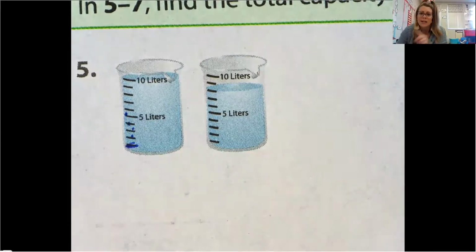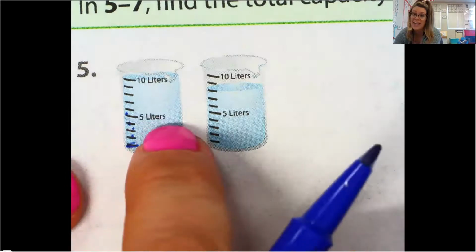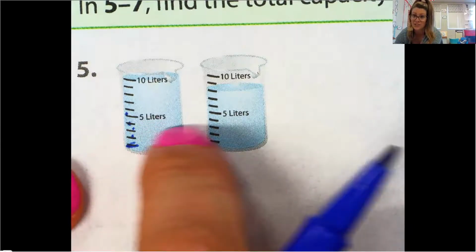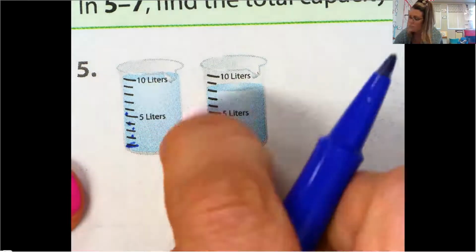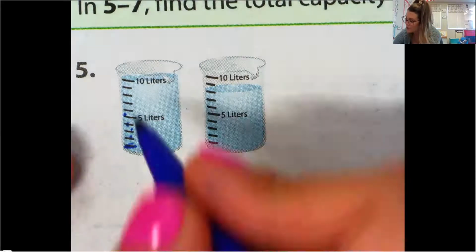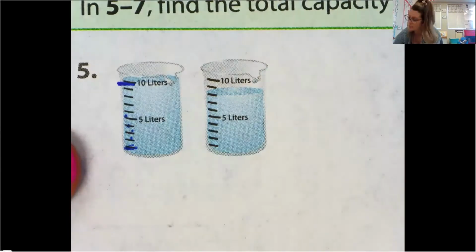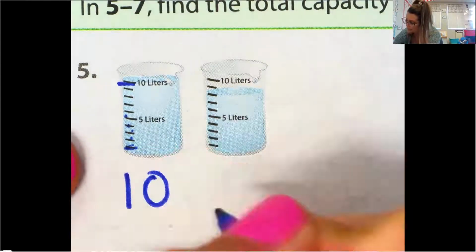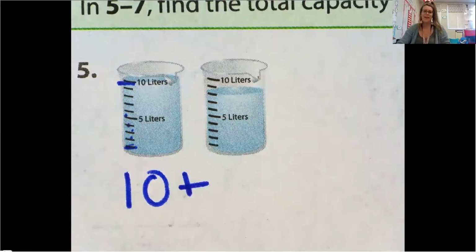So each line stands for 1 liter. Halfway is 5 liters. All the way up to the top is how many? 10 liters. Okay, so we know this one's filled all the way up to the top, so we can say 10.